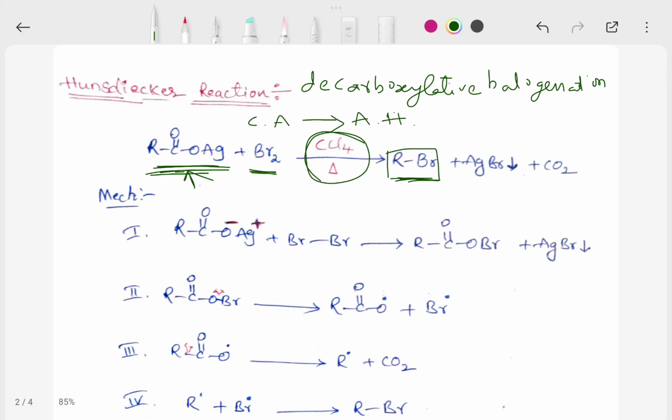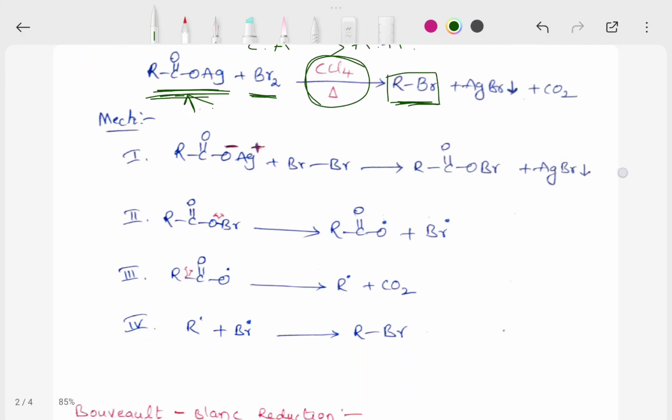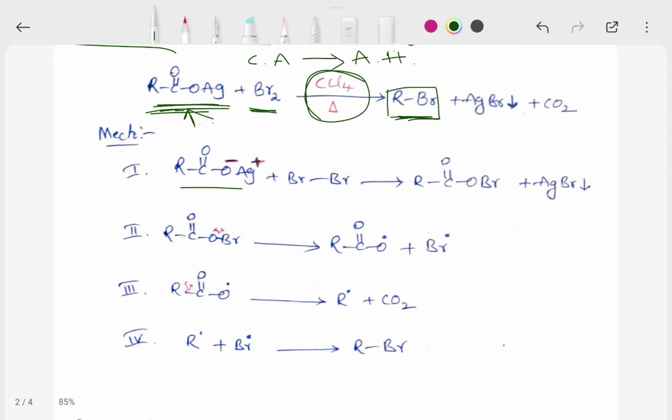In this reaction, carbon dioxide is removed and halogen takes its position. That is why this is called the decarboxylative halogenation reaction, known as the Hunsdiecker reaction.